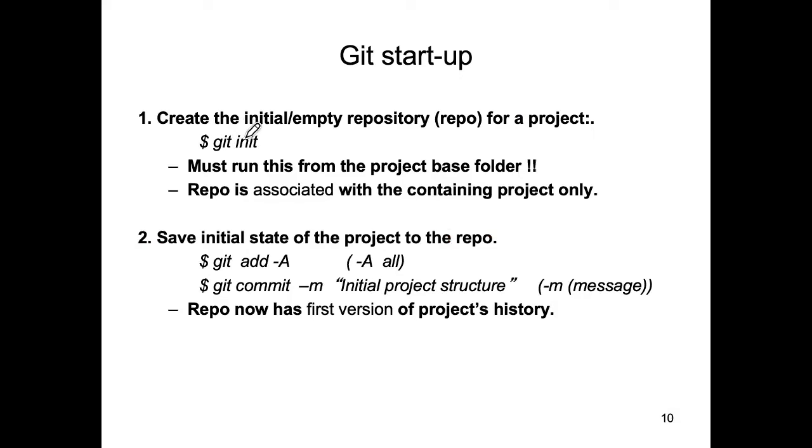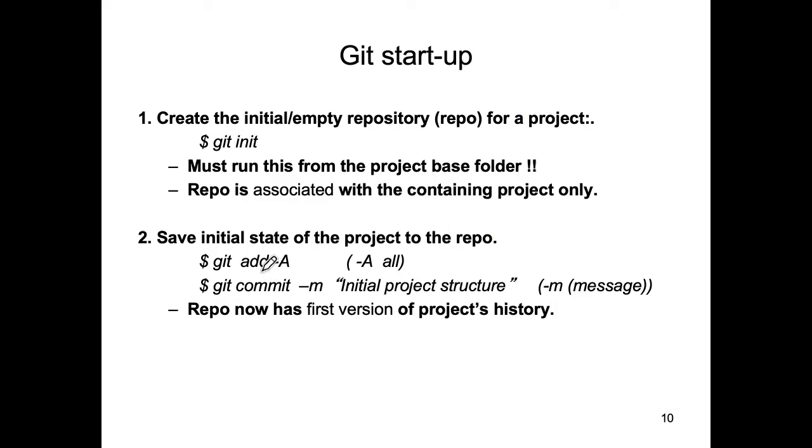So git init will create an empty repository. And the very first thing that we want to do is make a copy of the working directory into the repository. There are actually two commands that you've got to do to achieve that.